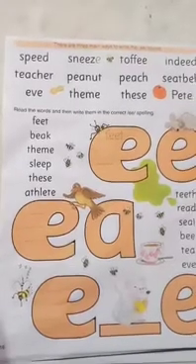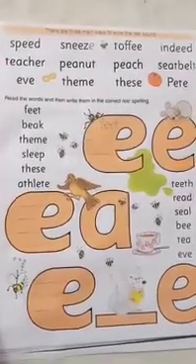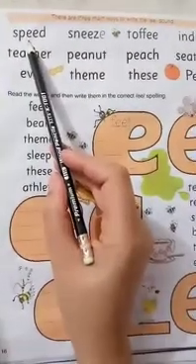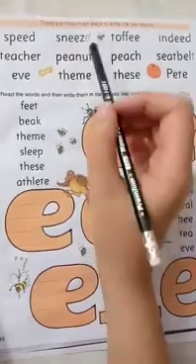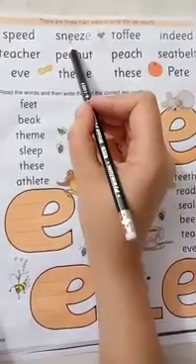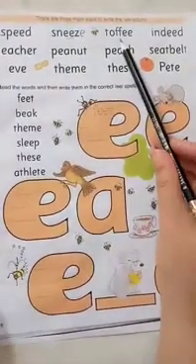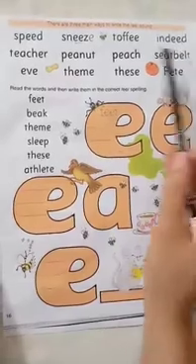Let's read some of the words. This is page number 16. Let's read some of the words on the top which have the E sound. Speed, sneeze. See, letter E is followed by another letter E. Toffee, indeed.